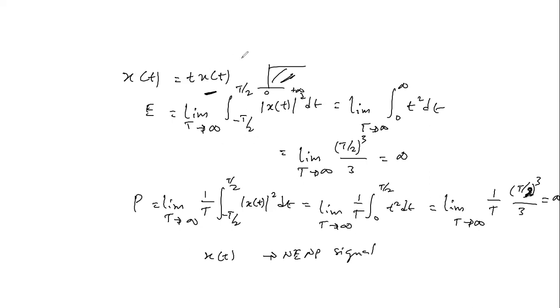Let us look at a discrete signal. So let's say the sequence S of n is given as minus 0.5 to the power of n, u of n.